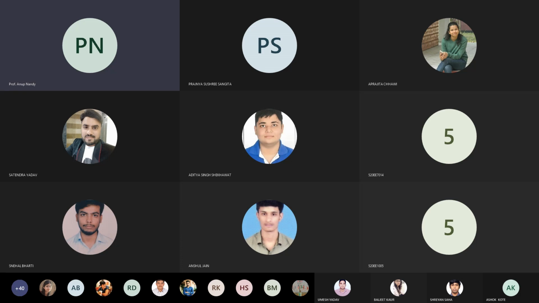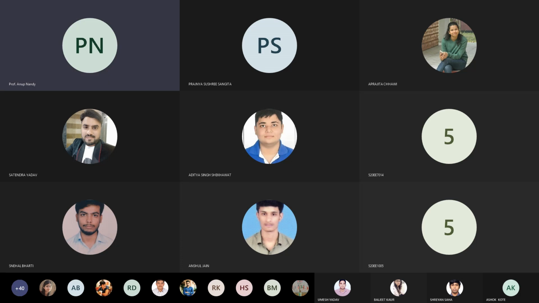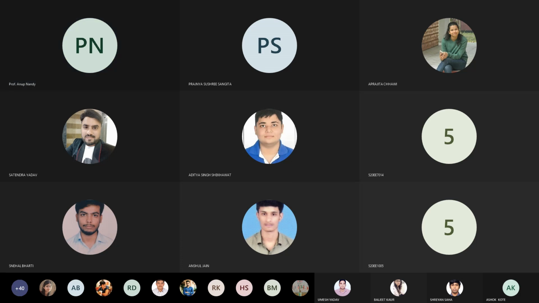Suppose you are going to compute it, for each I comma j you will have 4 different values. First value for R band image, second value for G band image, third value for B band image, fourth value for I band image.